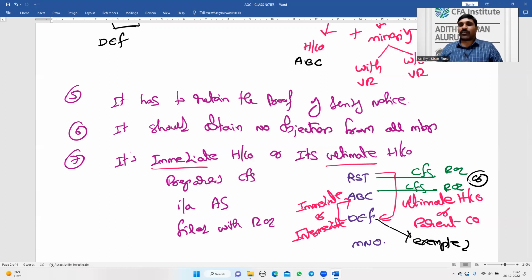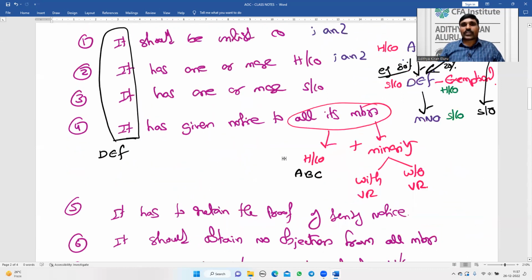So in order to claim exemption for DF, either ABC should file CFS with ROC or RST should file CFS with ROC. These are the immediate holding company and the ultimate holding company or parent company.